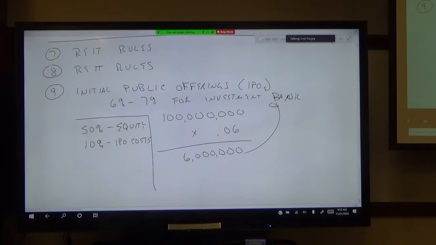Keep the numbers simple. So the question is simply then what percent are we giving up in terms of our equity?